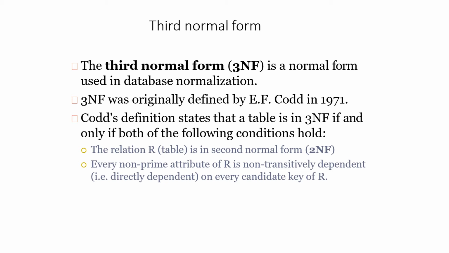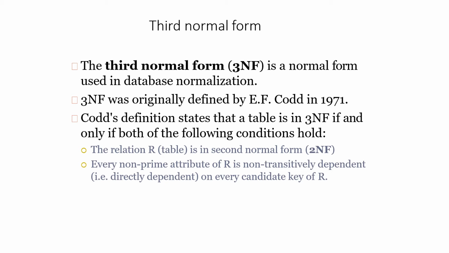Then we are studying third normal form. Third normal form is used in database normalization. It was originally defined by E.F. Codd in 1971. Codd's definition states that a table is in 3NF if and only if both of the following conditions hold. First condition, the table should be in second normal form.